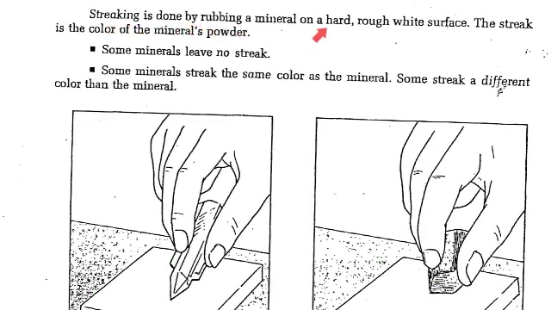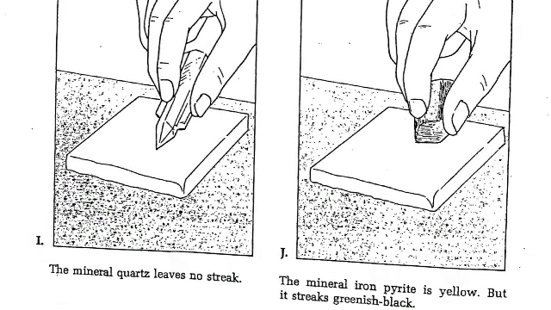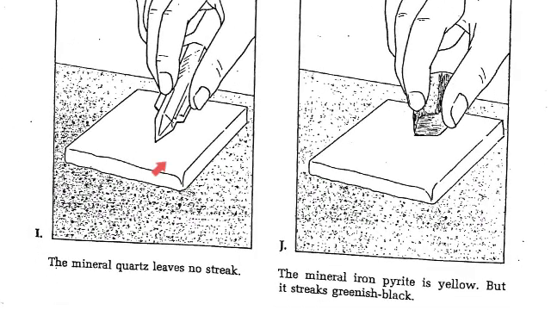Streaking is done by rubbing a mineral on a hard, rough white surface. The streak is the color of the mineral's powder. Some minerals don't have a streak. Some minerals streak the same color as the mineral, and some streak a different color than the mineral. So here it's given an example. The mineral quartz leaves no streak.